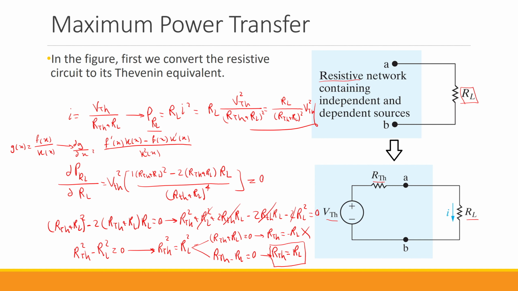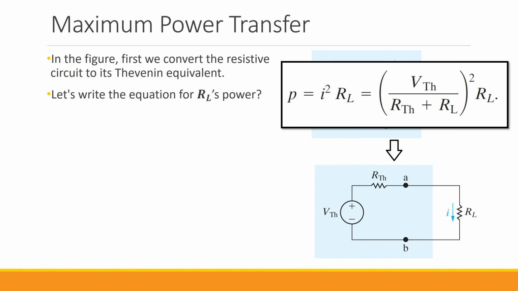So let's just go through these steps one more time. First, we write the equation for RL's power. The power is going to be its current squared multiplied by the amount of resistance. So the current is VTH divided by RTH plus RL, because when we have RL connected between points A and B, we have RTH and RL in series.